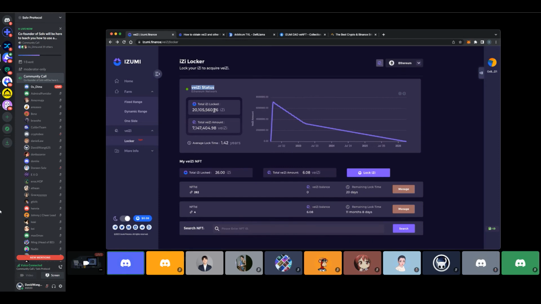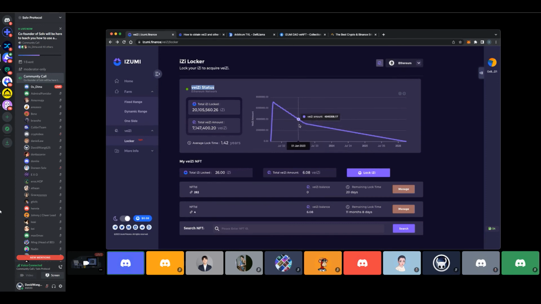So I will give you a quick example. If you provide 10K of EASY and lock them for 4 years, it's not a problem. Like you all know, Curve tokenomics: you have zero liquidity of your VE token. With VEASY, it's not the case, because if you lock your EASY token for VEASY, it's an NFT.